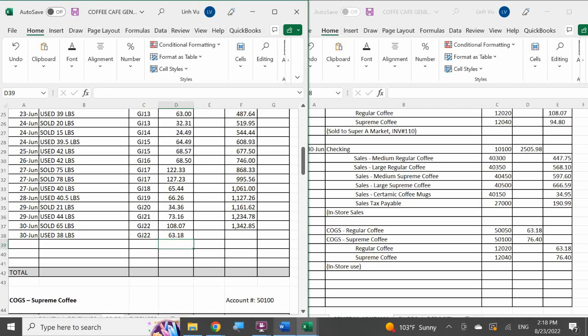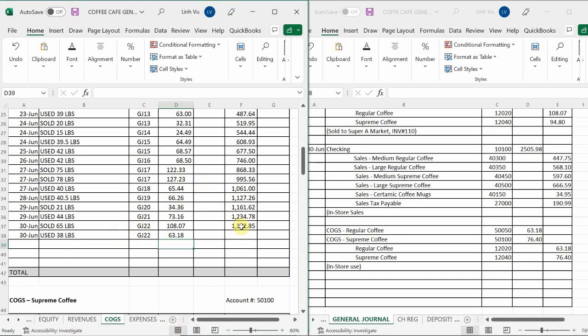So grand total is $1,406.03. 140603. Yes.